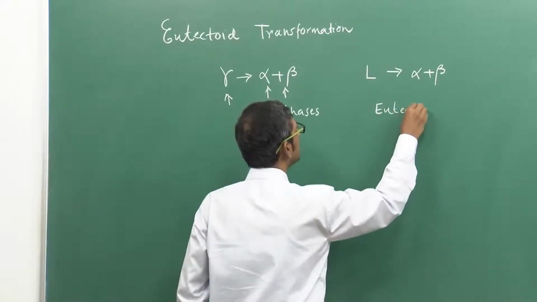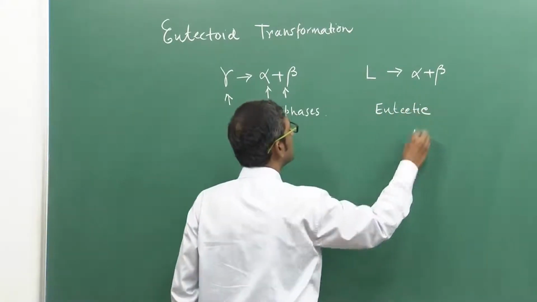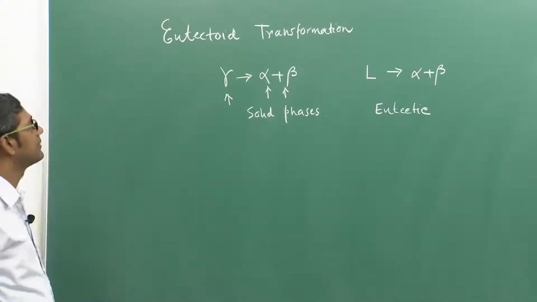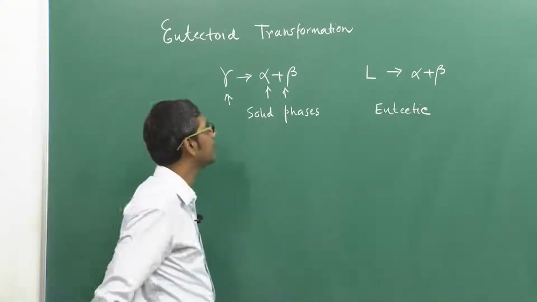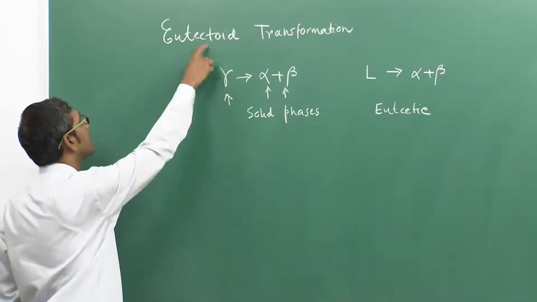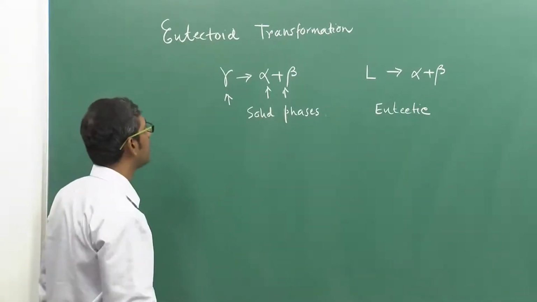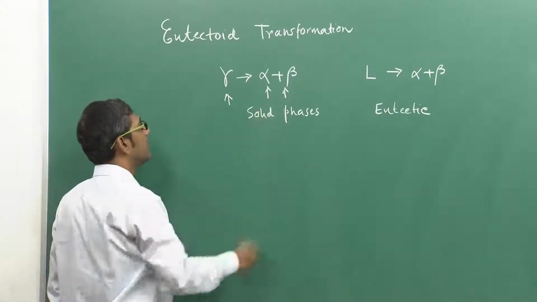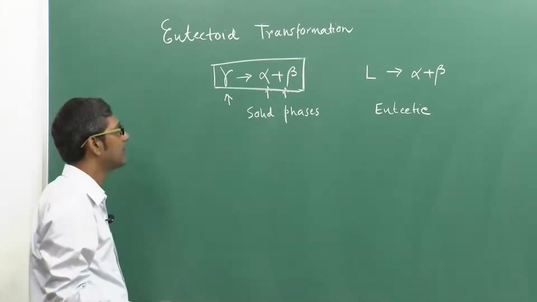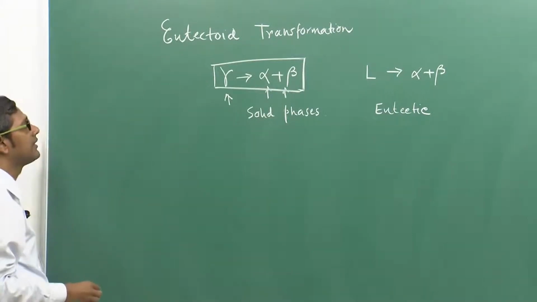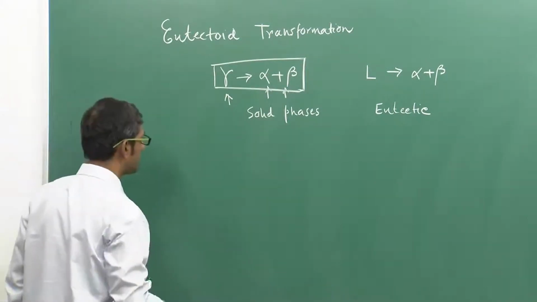So this is the eutectic, and whenever we have a "tic" word in the transformation, it must involve a liquid phase, but whenever we have a "toid" attached to a word, it always involves a solid state phase transformation. So this is the classic reaction which you must remember, which gives the idea of eutectoid transformations.